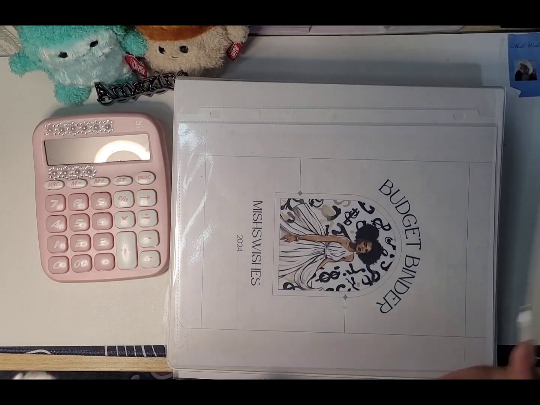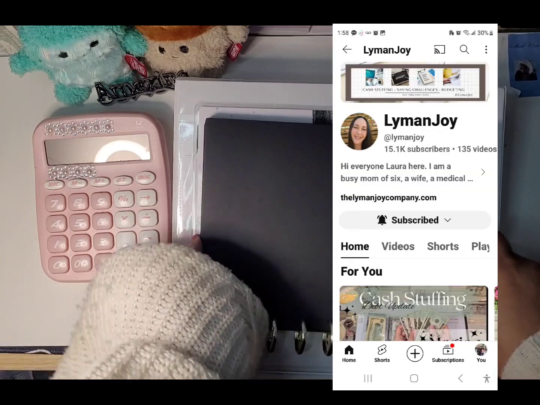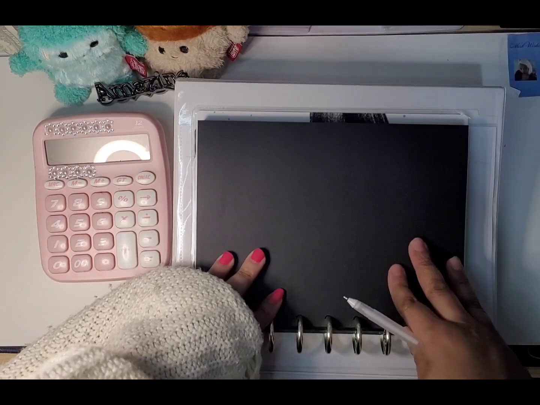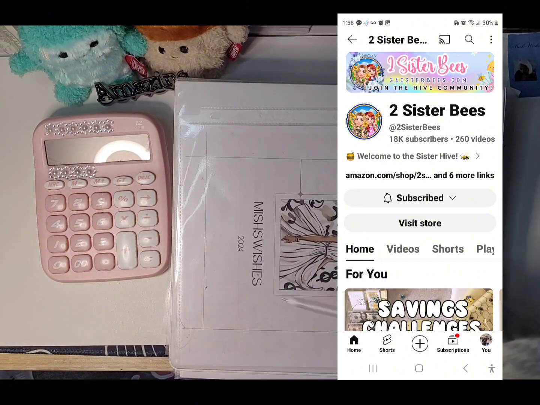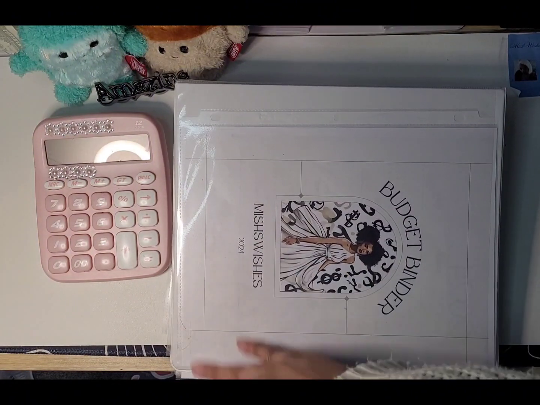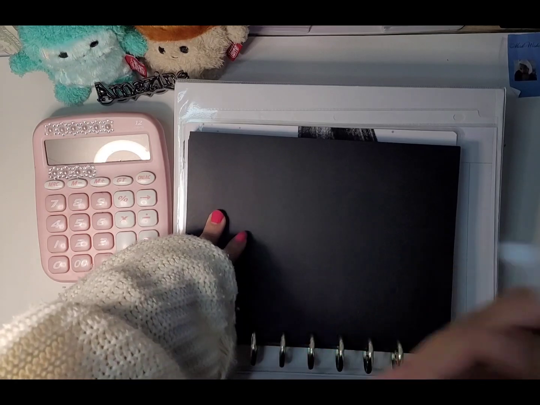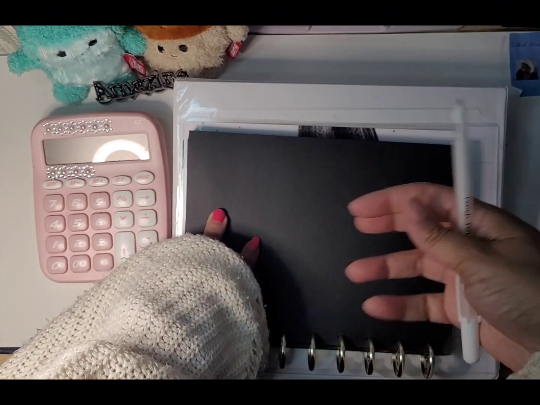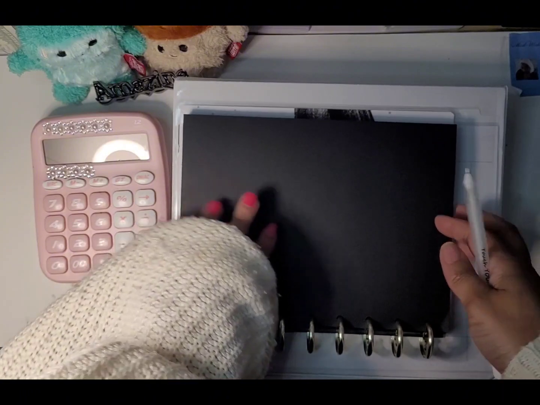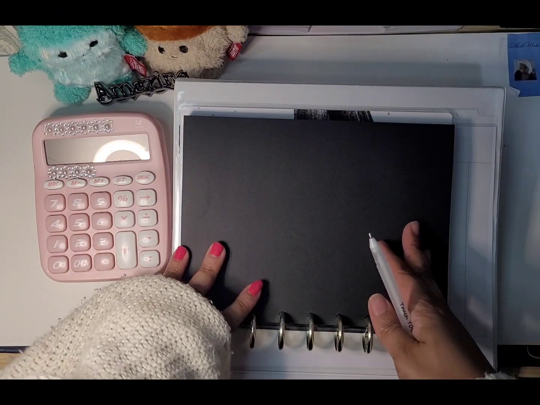Now I will have to give credit to Laura of Lyman Joy, as well as Two Sister Bees. This is where I got the idea for this binder, from Two Sister Bees. And then some of the other characteristics of my budget have come from either Two Sister Bees or Lyman Joy's channel.